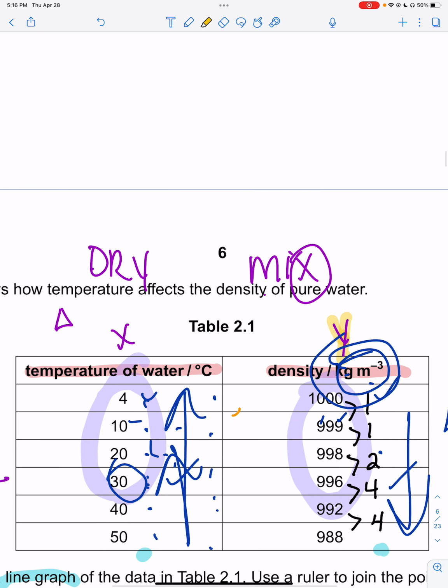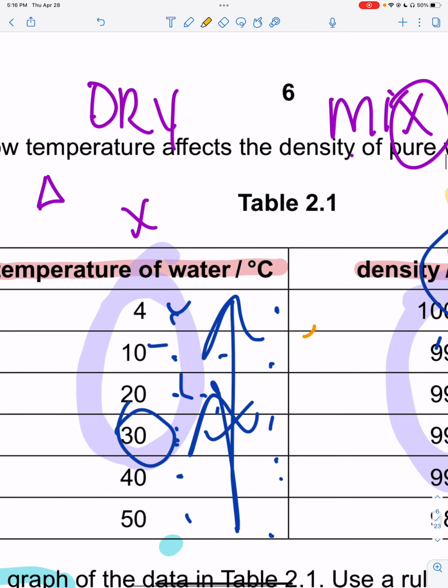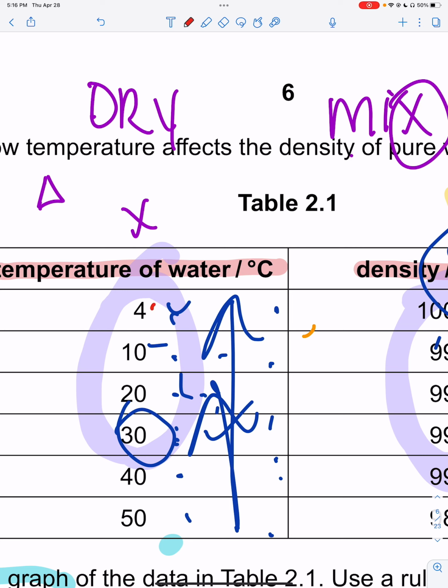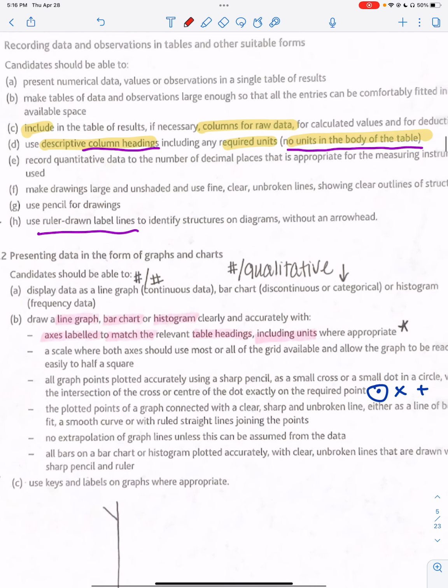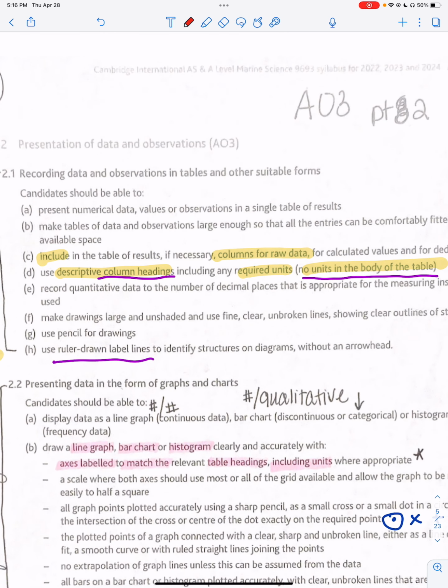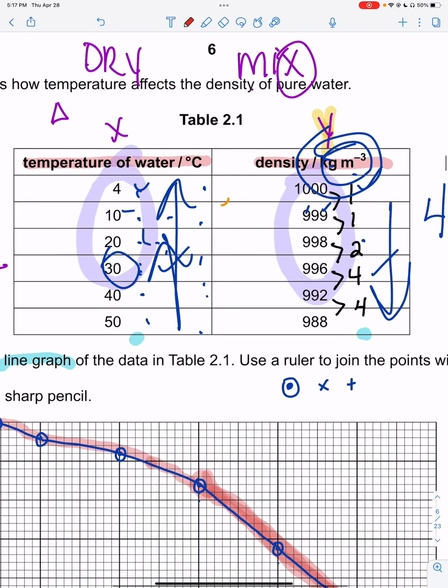Or you could also always write per minute. And in these tables, you never see degrees Celsius, degrees Celsius, degrees Celsius. It doesn't happen because you already have it there. Okay, use a pencil, use a pencil.